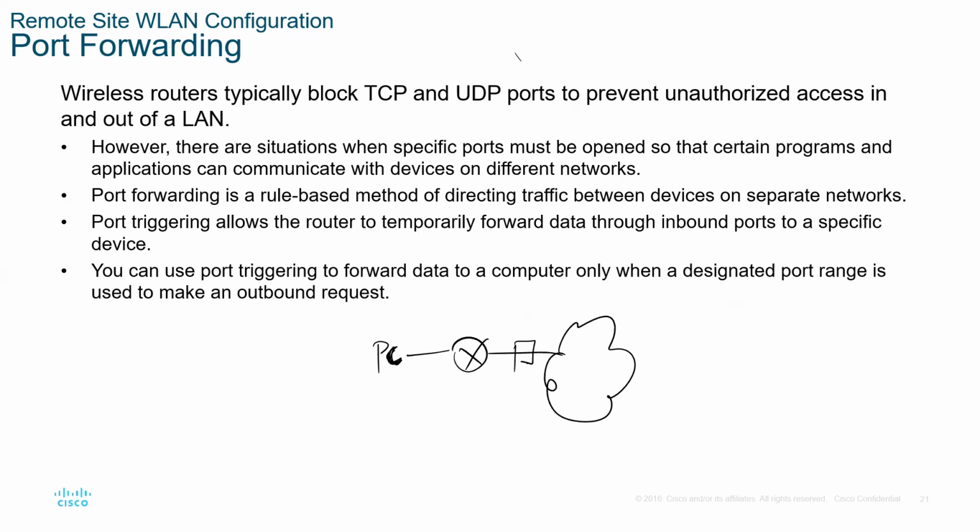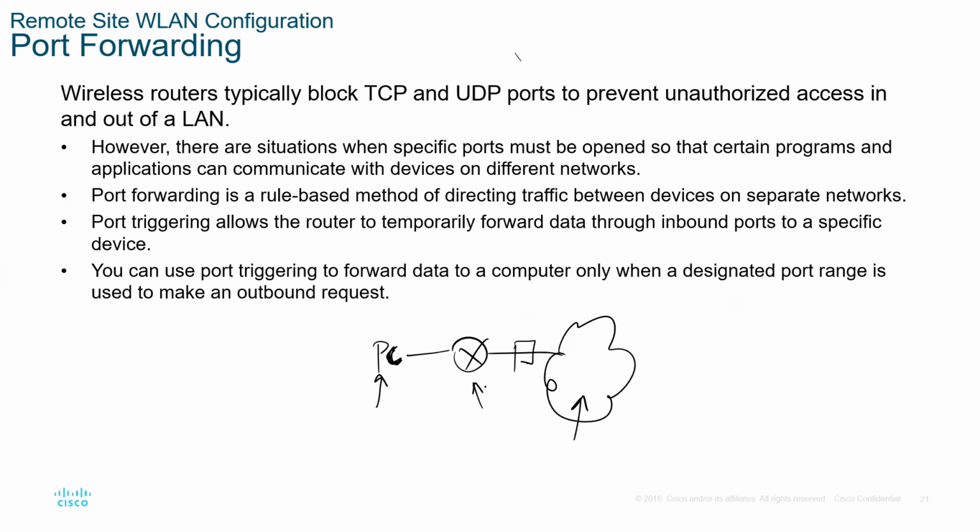If a device outside our network wants to get access to this PC, our wireless router has security settings, so traffic is checked on whether it should pass through to our PC.